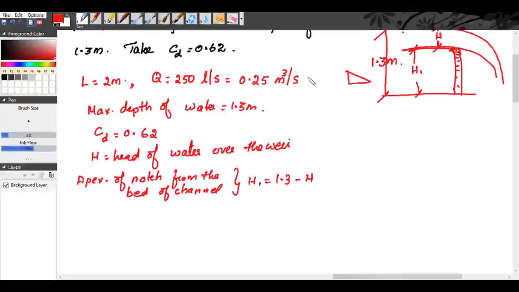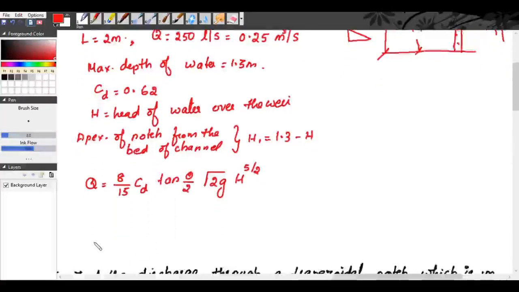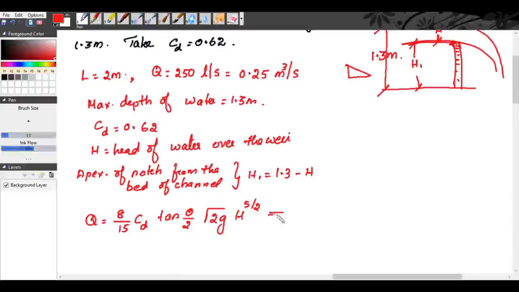Okay. So now this is a right angled triangular channel. So we know the discharge is equal to 8 by 15 CD into tan theta by 2 root of 2g into h raised to 5 by 2. So discharge is given as 0.25 meter cube per second, equal to 8 by 15 into CD, which is 0.62, into tan theta by 2.